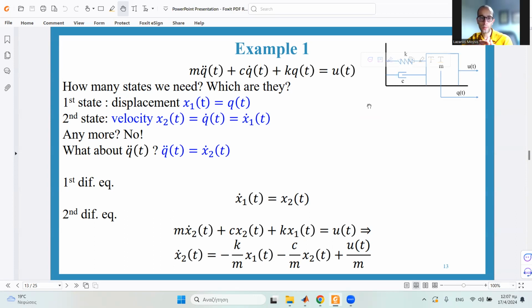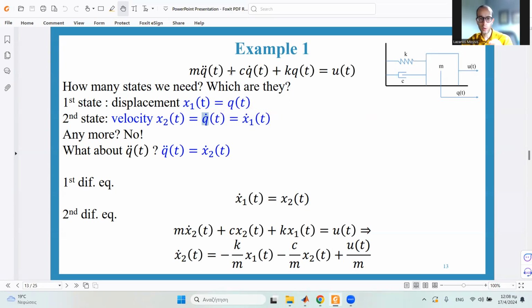So the process is this. Depending on your situation, on your example, this may already be available to you. But let's say that this isn't available, like here. So I define one state, which is the displacement of the system, Q, and I define a second state, which is the velocity of the system. So Q dot becomes x2. Now I have two states, x1 and x2.